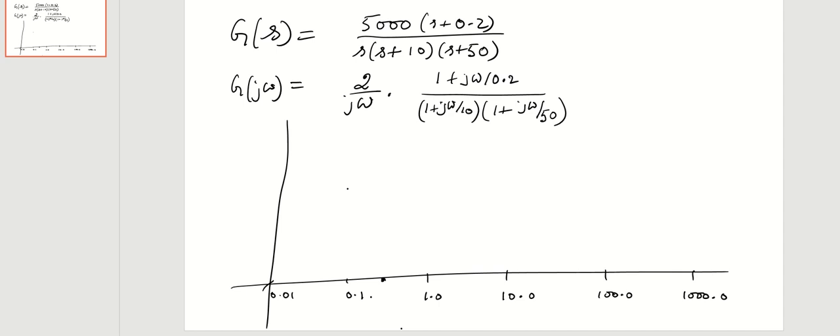Somewhere here we will have 0.2, which is a critical point. Then we will have, of course, this as a critical point, and then we will have another critical point, right?